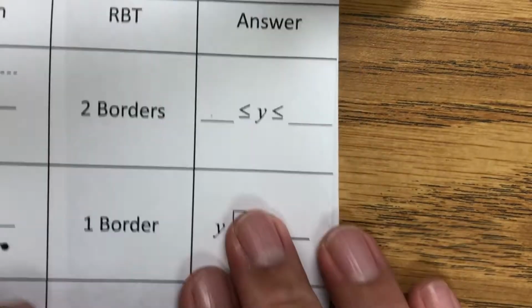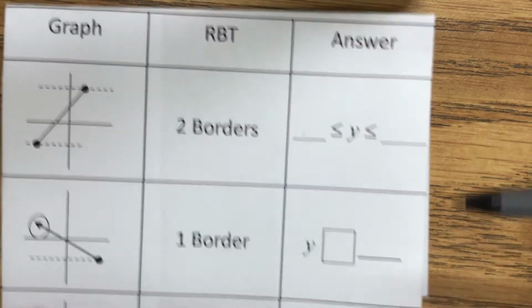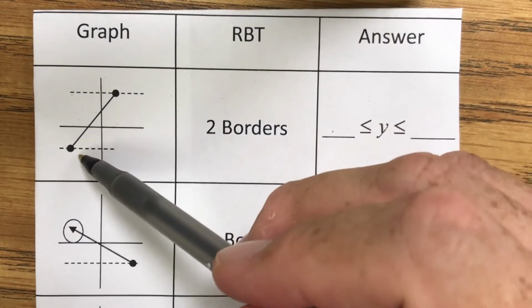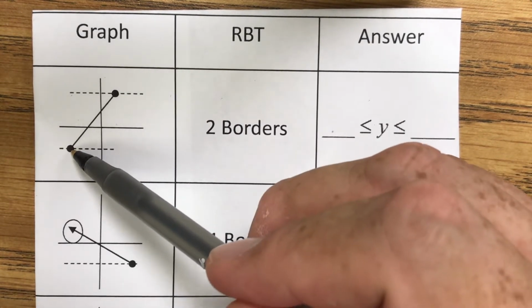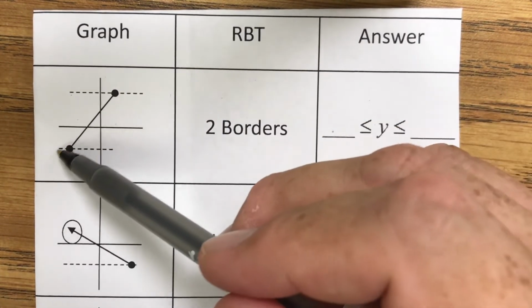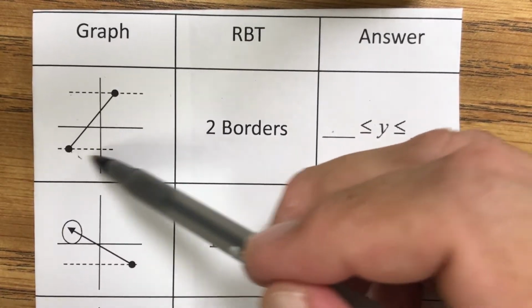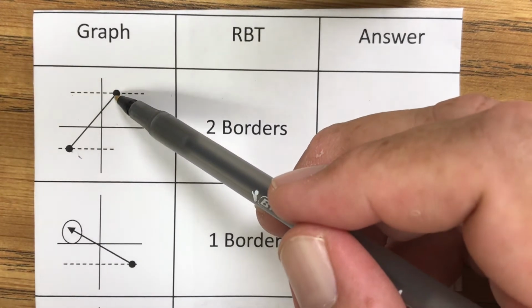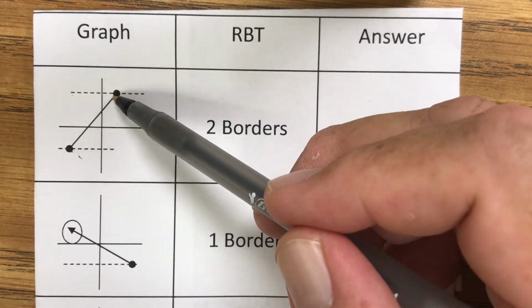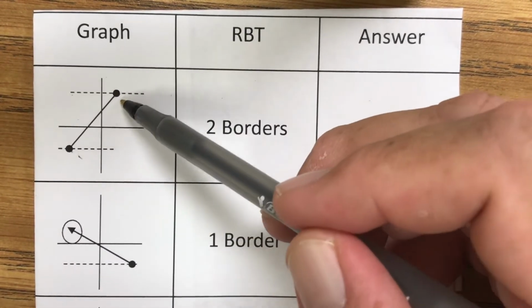So let's look at where we have two borders, or two endpoints on a graph. As you can see here, just like when we were doing the domain, we have two endpoints. The lowest one, or the smallest Y number, is going to be the bottom. The highest one, or the biggest Y number, is going to be the largest.